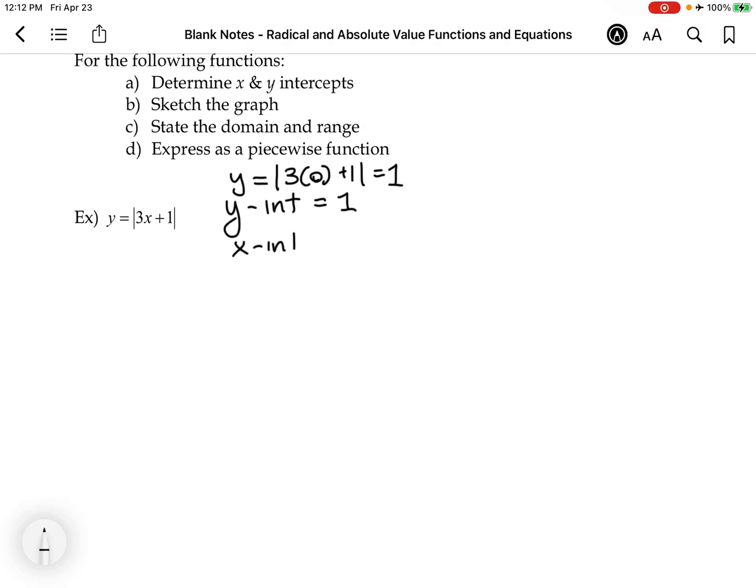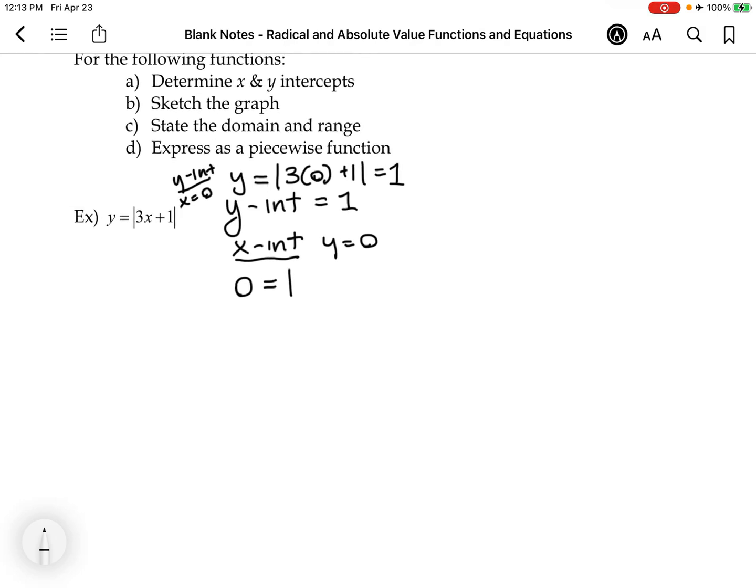For our x-intercept, now y is equal to 0, right? So if I plug a 0 in for y, I'm going to get 0 equals the absolute value of 3x plus 1. Okay? Well, if an absolute value equals 0, then whatever's inside the absolute value also has to equal 0. That's the only way you're going to get 0.